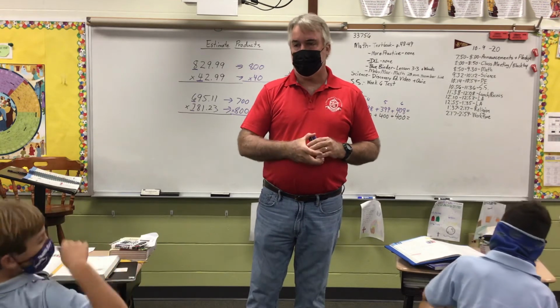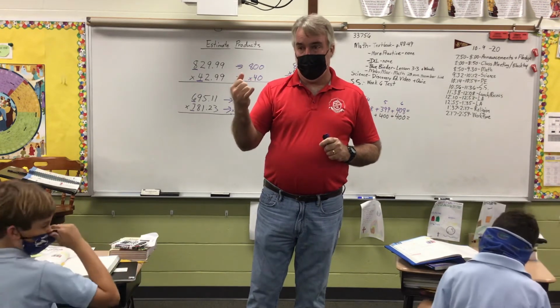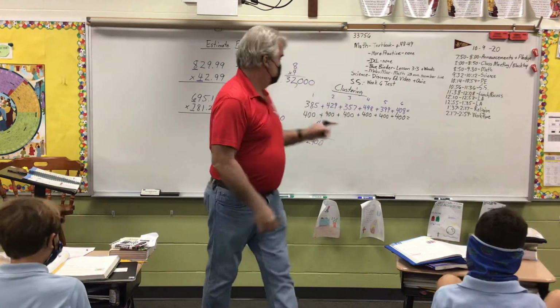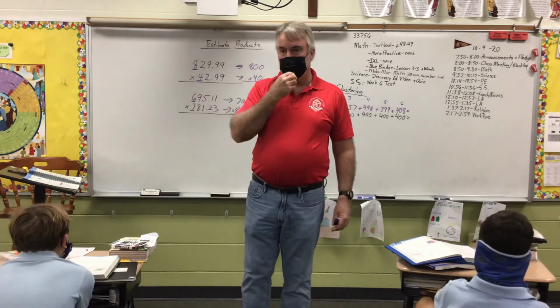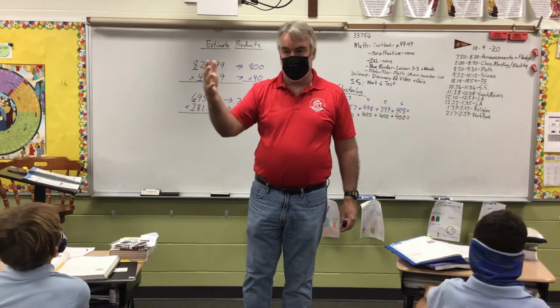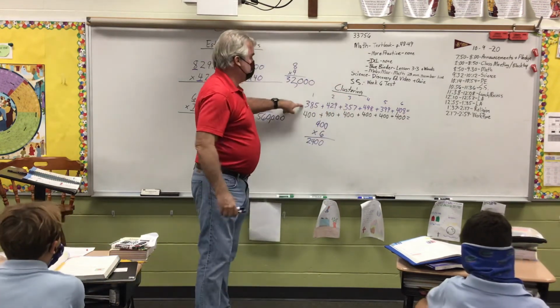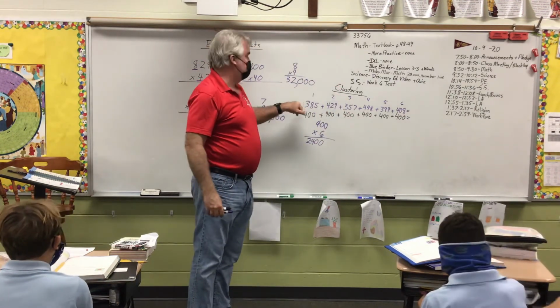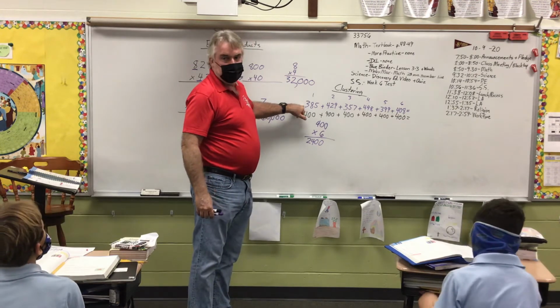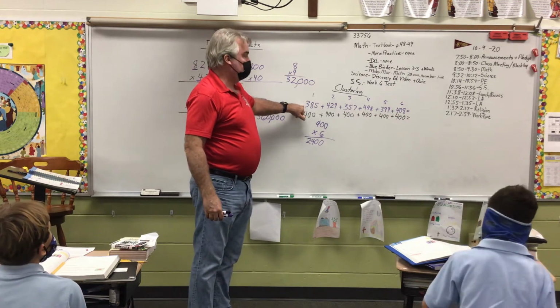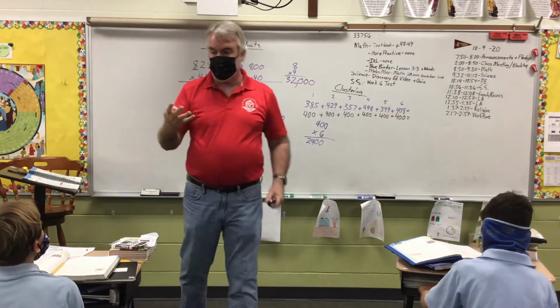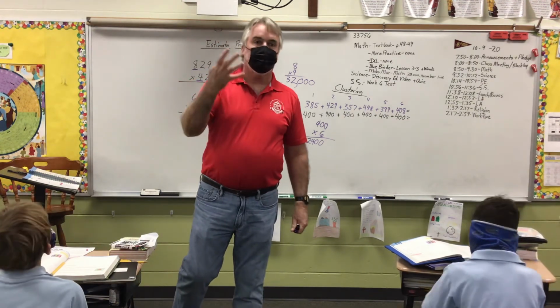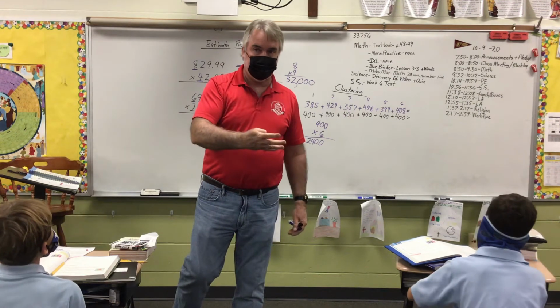You just have to find out how many there are and what each one is rounding to the greatest place. With this, I could have anything from 350 to 449, and they would all round to 400, the greatest place.